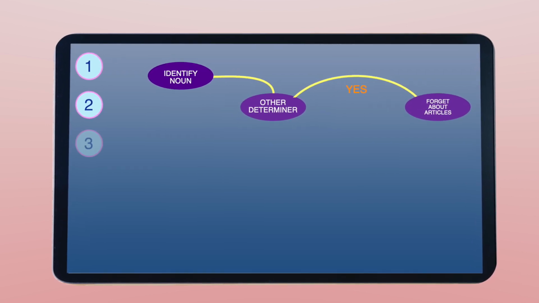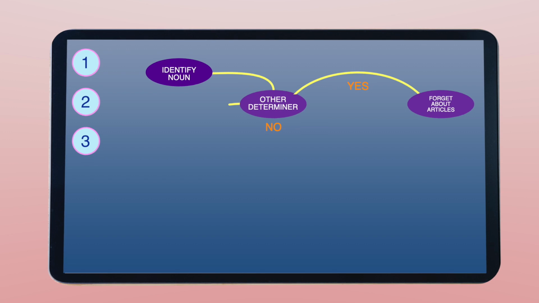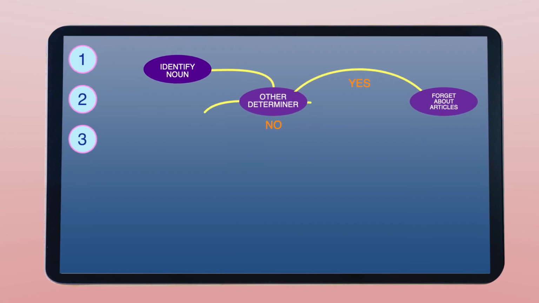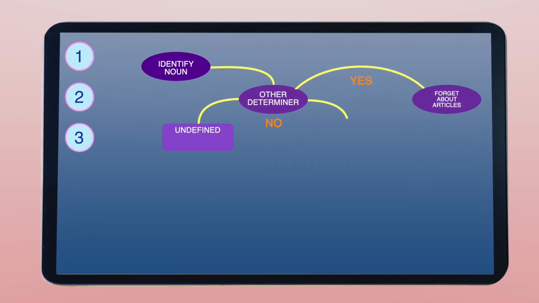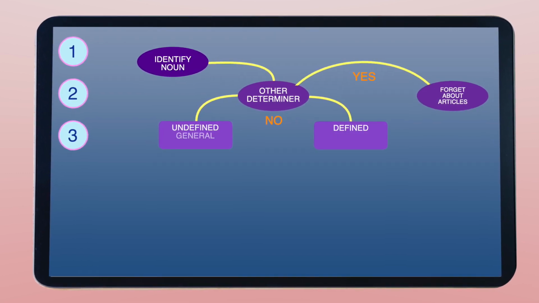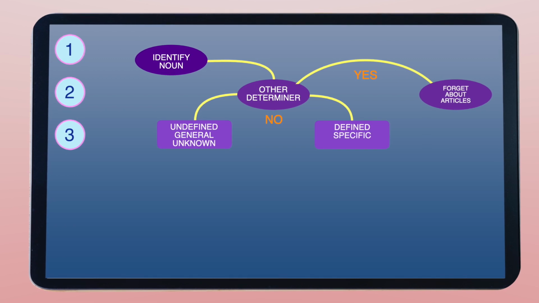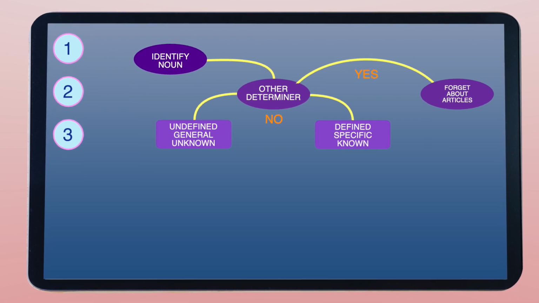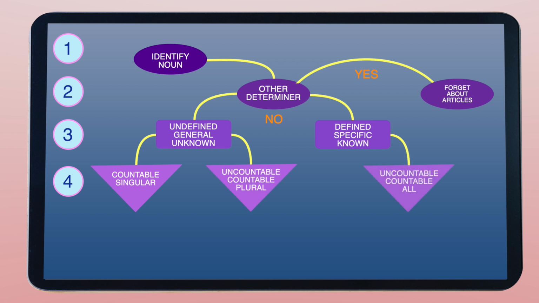In step 3, we need to look at the context and decide if the noun is either undefined or defined, which means whether it is being used in general or if it is something specific or that we already know about. The fourth step is then to decide if the noun is countable singular or countable plural or uncountable. And then our final 5th step is to allocate the right article.